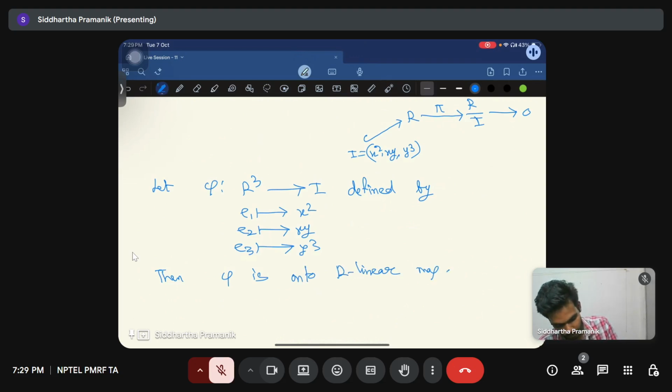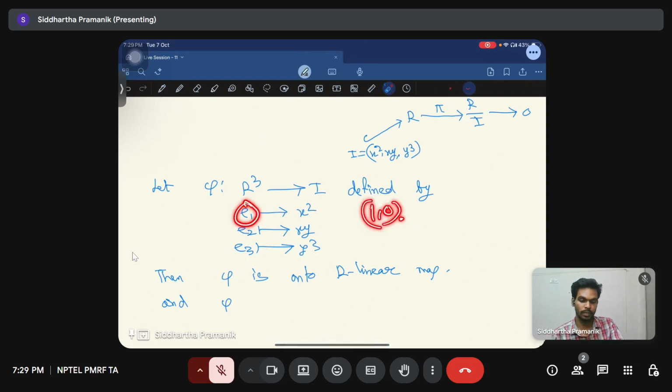So we need a graded pre-resolution, right? So we need the homomorphisms also graded. But to make this map graded, here E1 is basically 1 comma 0, which is degree 0. But on the right hand side we have degree 2.